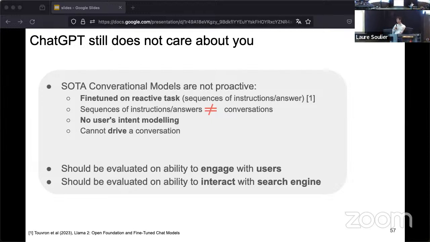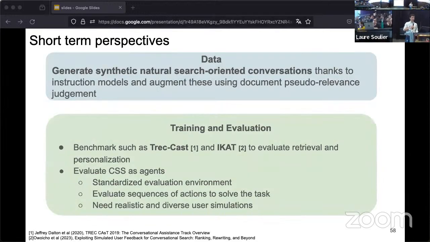And they should be evaluated on their ability to engage with users and interact also with other tools like search engines. And for the short-term perspective, I really believe that the use of synthetic data for improving search-oriented conversational models is the way to go.